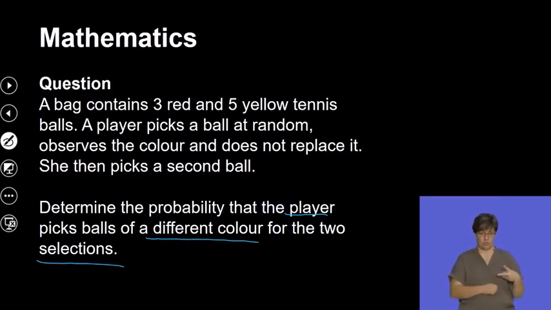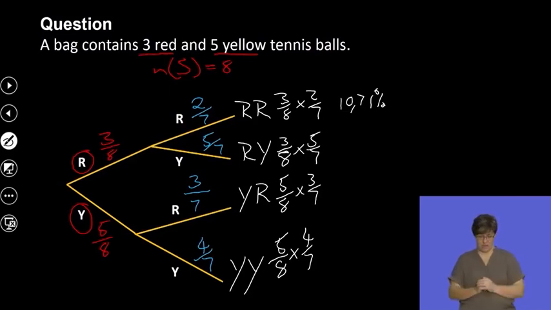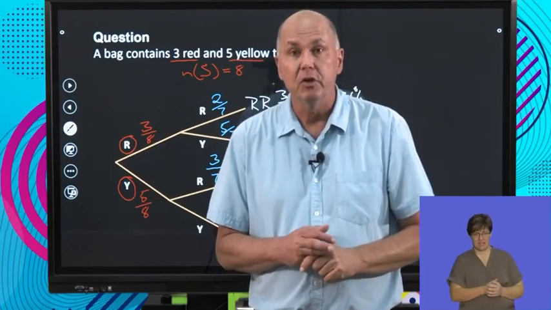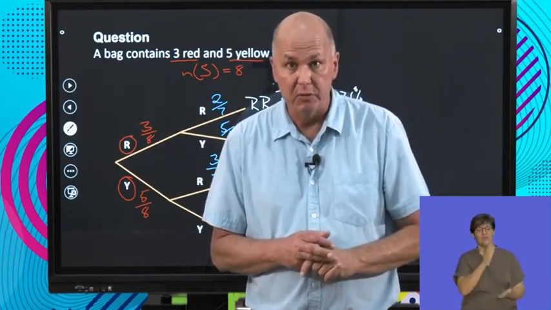Okay, so there are two ways to do this, and I want to show you both of them. They need to be of different color. Now, unfortunately, I've already started to calculate when they're the same color. That's a pain. But you know what?